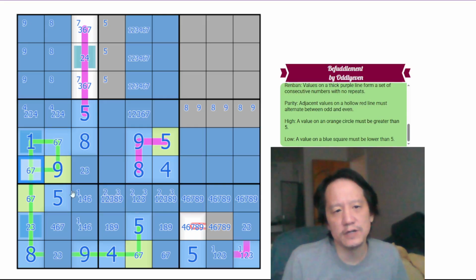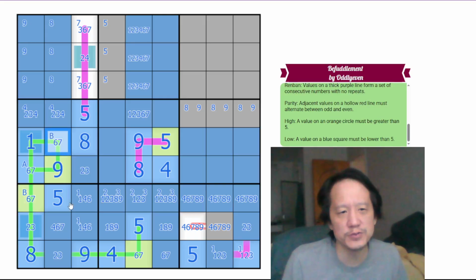Okay, let's go mark these A and B. We're going to mark this as A and this as B. Therefore, this is B. This cannot be B here because we can't have doublers with the same digits.